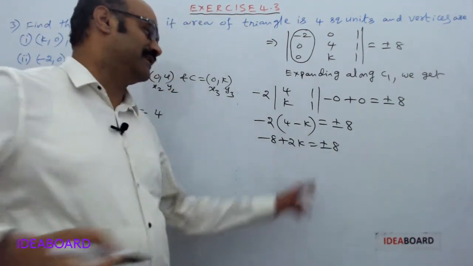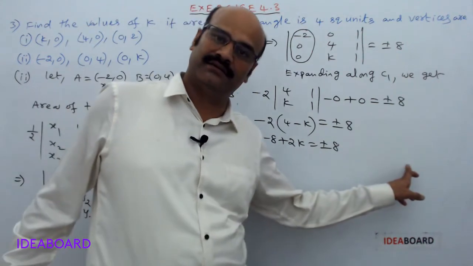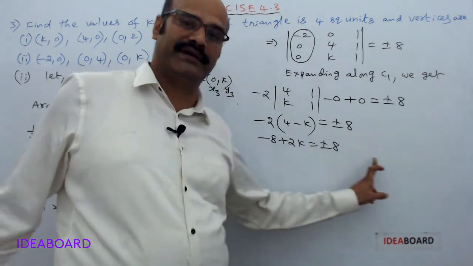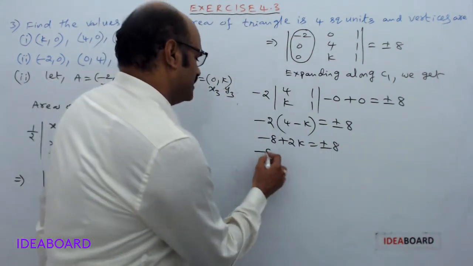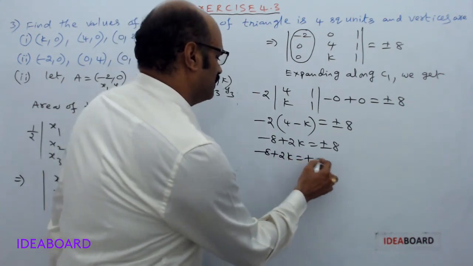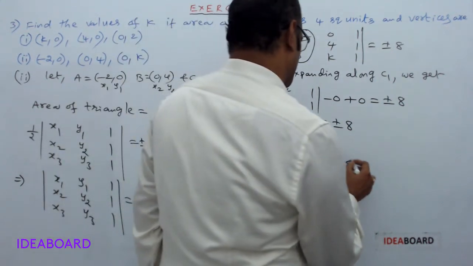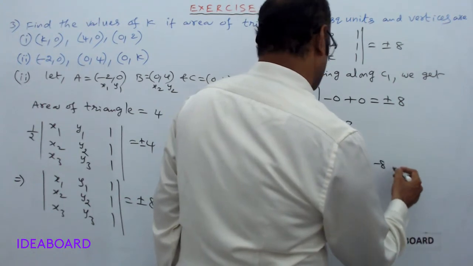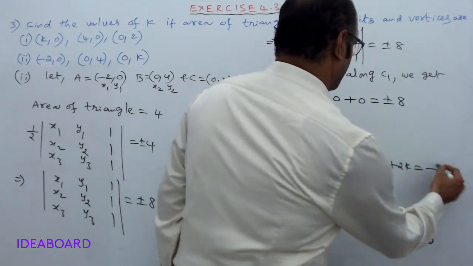So we take plus 8 and minus 8, and then we get the values of k. Minus 8 plus 2k equals plus 8, and one more, minus 8 plus 2k equals minus 8.